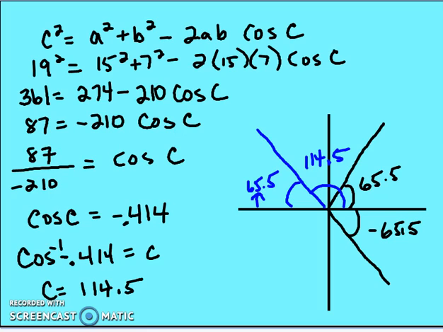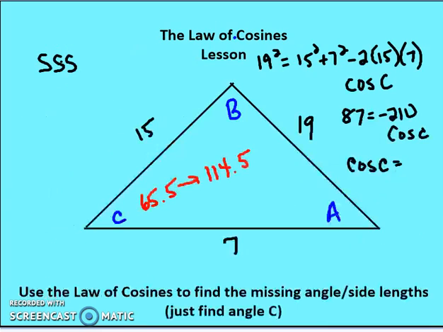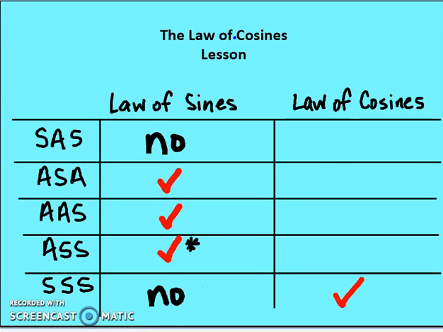And again, please give yourself a lot of space to do the calculations. So 114.5 degrees is the angle measure. So yes, we can use the law of cosines to solve for side, side, side. So I'll put a check mark here.